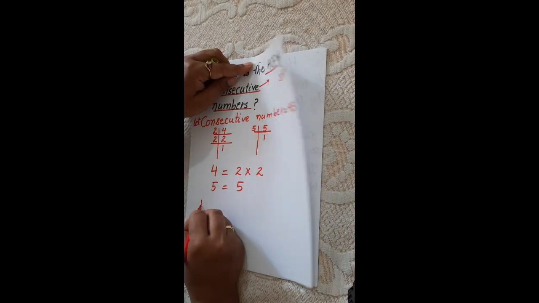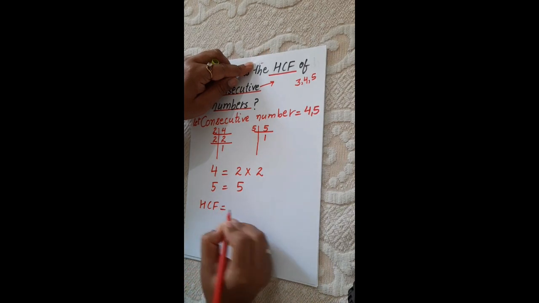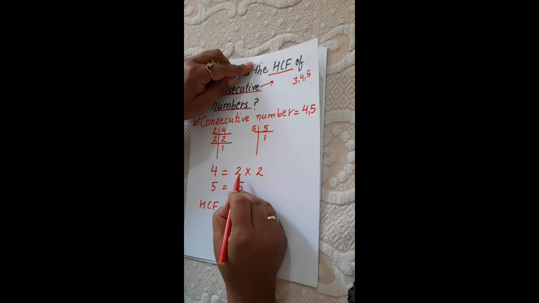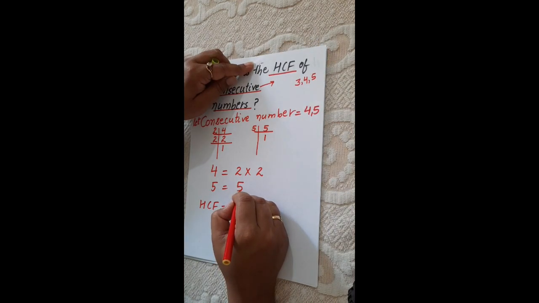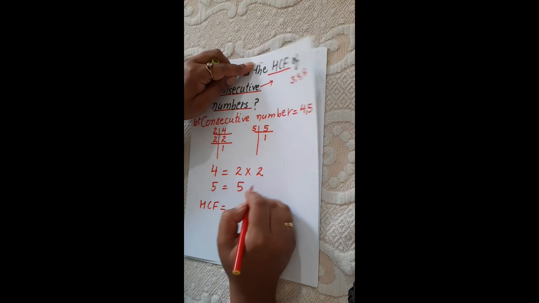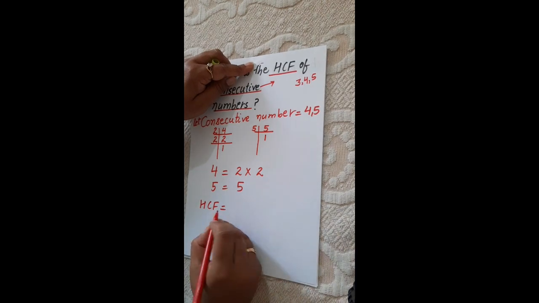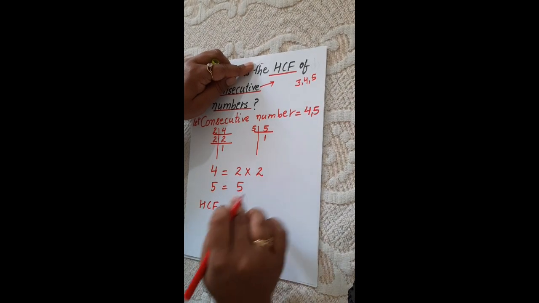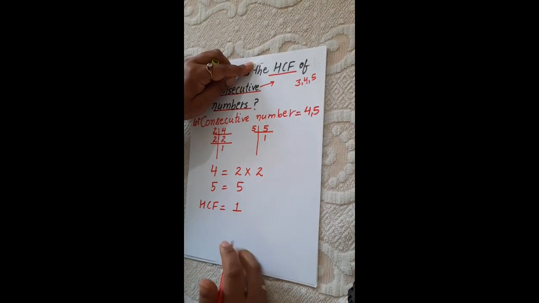To find the HCF, you have to write the common factor. Here no number is common. Here we have 2 and here we have 5. And if there is no common prime factor, then the highest common factor is 1. In such cases, the highest common factor is 1.